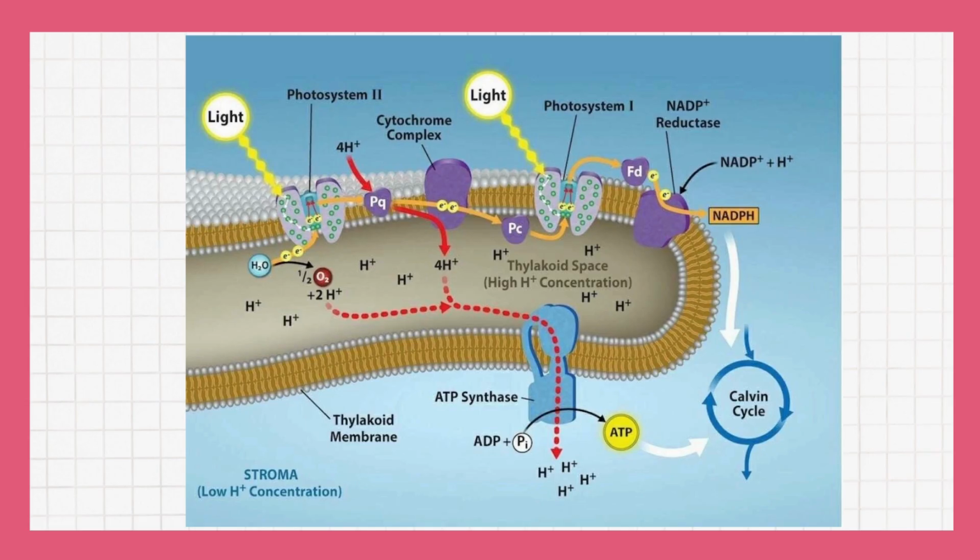Once the ATP synthase has a hydrogen ion passing it by, the ADP would then get charged. Once the ADP is charged, a phosphate molecule would then bind to the ADP, and it would then become ATP. The NADPH and the ATP will then be used for the Calvin cycle.